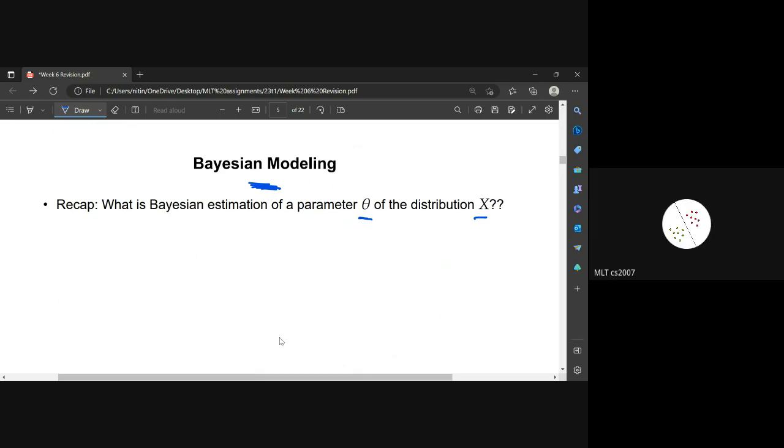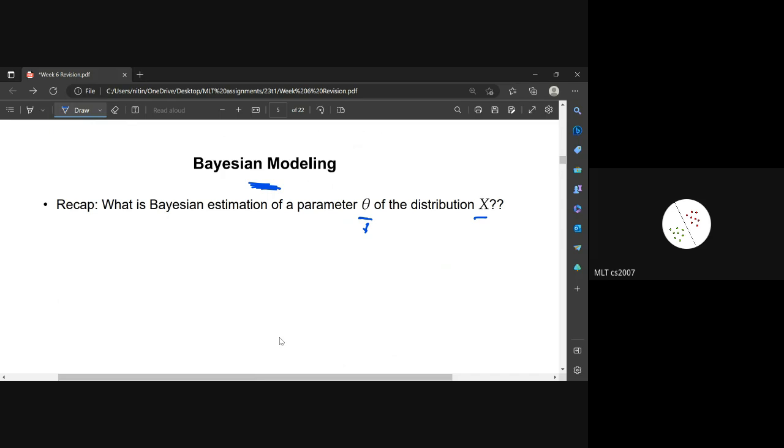Yeah, of course. Here we assume that the parameter is not a constant. In frequentist estimation like MLE, we assume that theta is unknown but a constant quantity. Here we assume that theta itself is a random variable, unknown, but a random variable in the basic modeling. Now we assume some prior for theta.